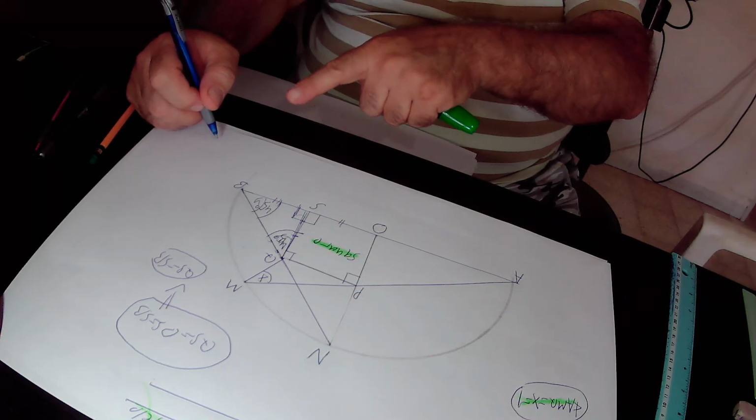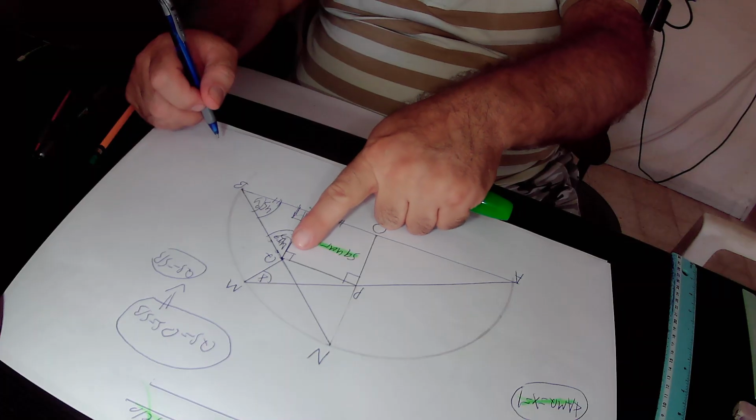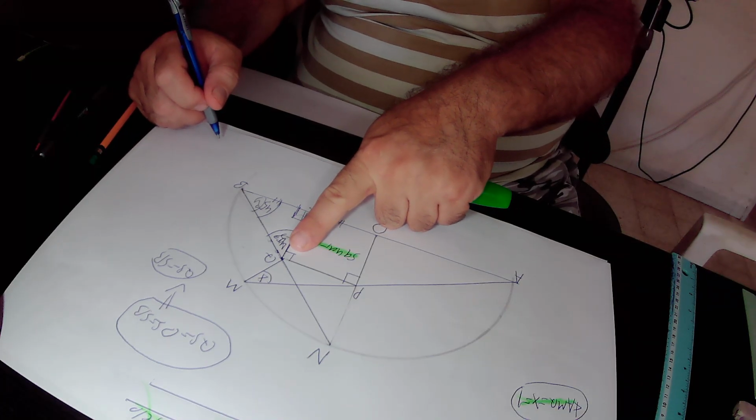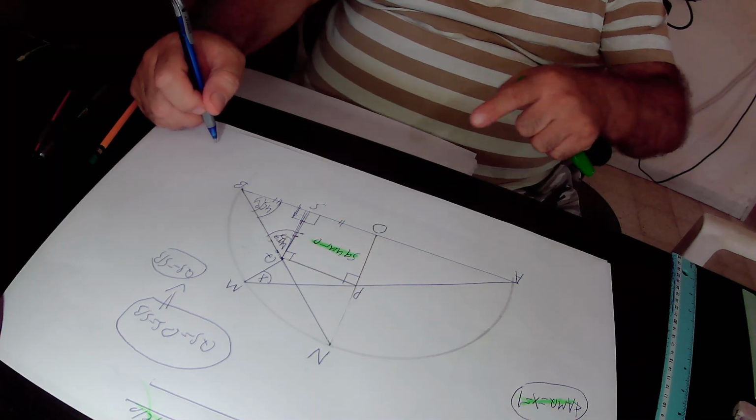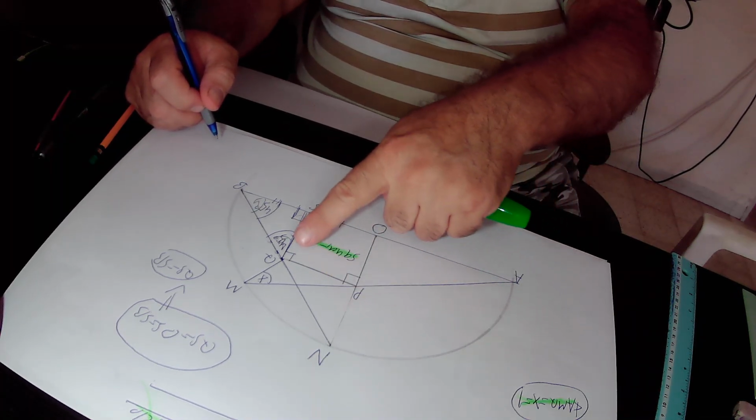If you focus on the left side of the straight line BN at point Q, the sum of the angles must be equal to 180 degrees according to rule 3. So which angles do we have at the left side of the straight line BN at point Q?